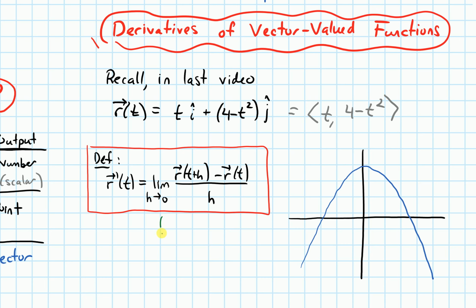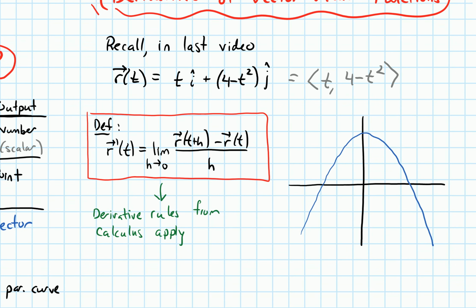So it turns out that when we use this definition, our derivative rules that we're used to from calculus apply. And in practice, the way I take the derivative of a vector function is, it turns out we end up just taking the derivative of each component.